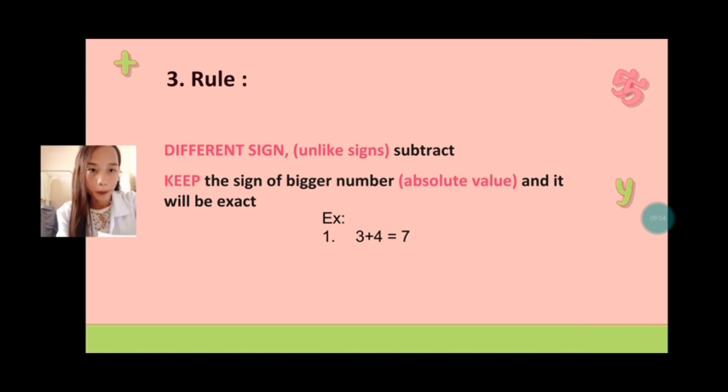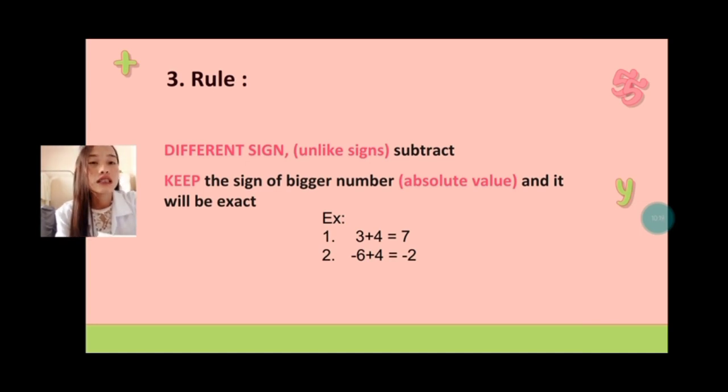For example, 3 plus 4 has the same sign, or like sign. So 3 plus 4 is 7, and we keep the common sign. The next is negative 6 plus 4.